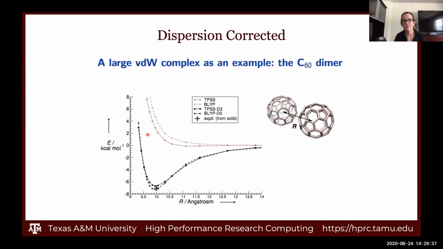Doesn't do well with it. But if you add on the dispersion correction, then you get good results with the experimental. Okay. But if you just use the pure functional or one of the functionals that's poor with dispersion and you have a lot of congestion, you have a lot of van der Waals interactions, your results are not going to be as good as they should be, if not completely wrong.